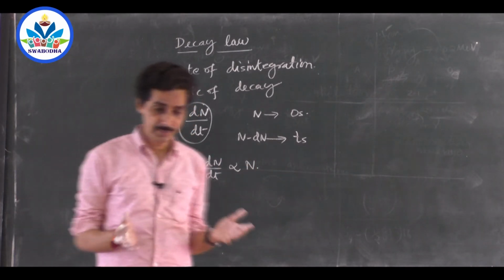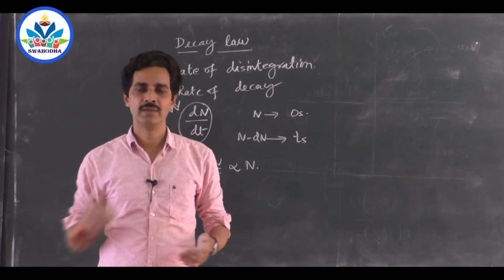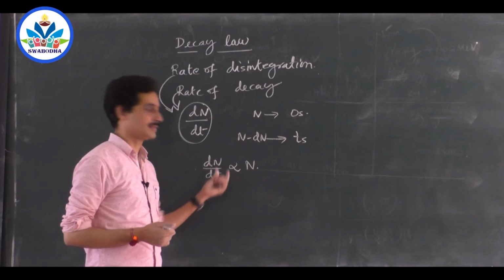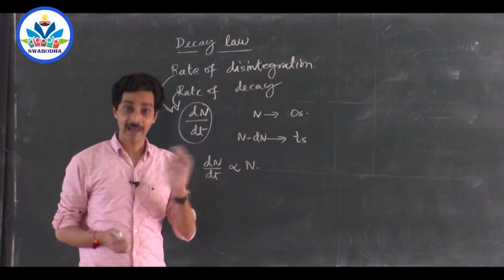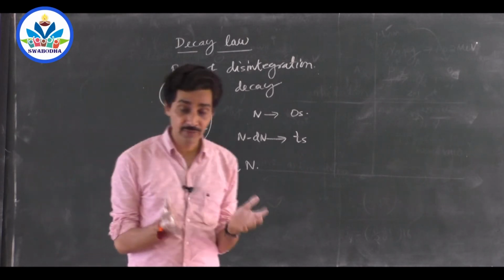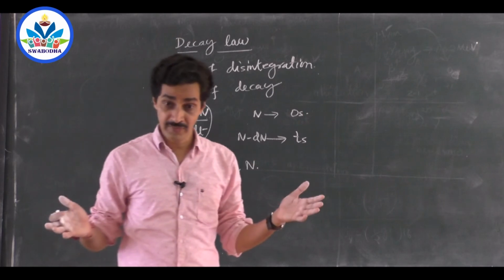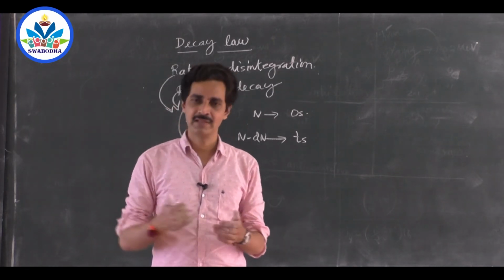How many atoms you are holding now, accordingly the rate of decay will move. If you have more atoms, the decay will be very fast. If you have fewer atoms, the decay will be less.